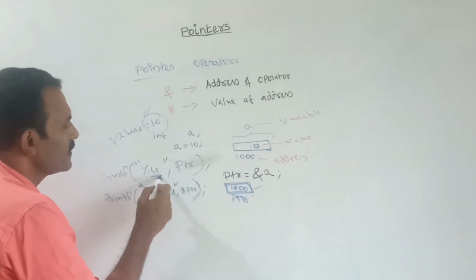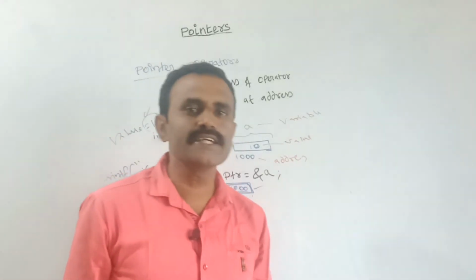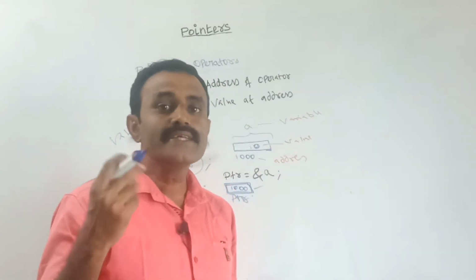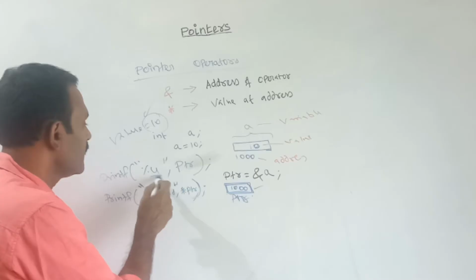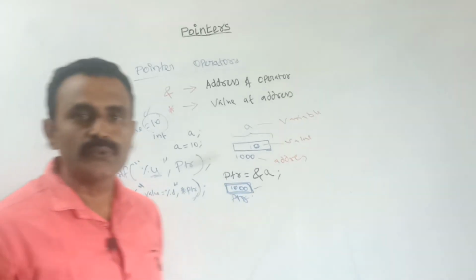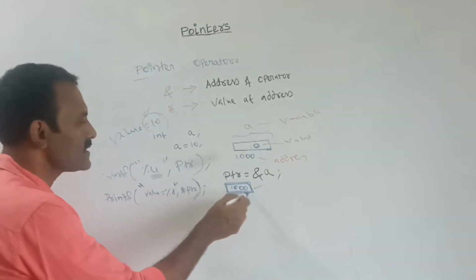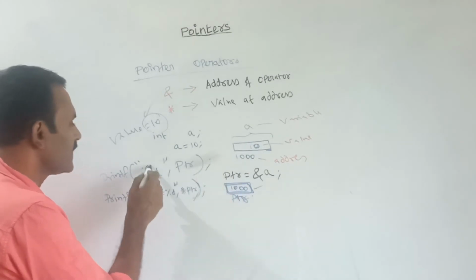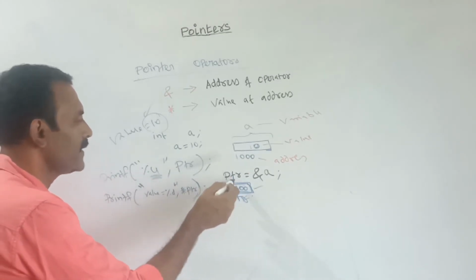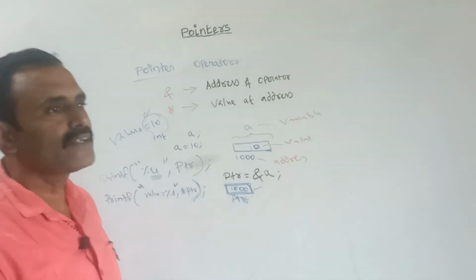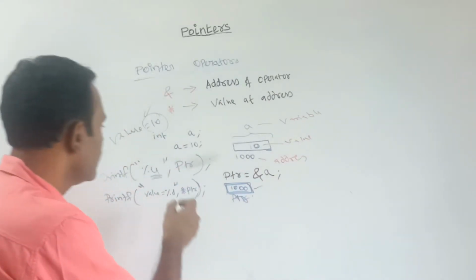I am using %u, the format specifier for unsigned, because an address will not have a sign. So to print this address I give %u and ptr, and the address inside that pointer variable will be displayed.